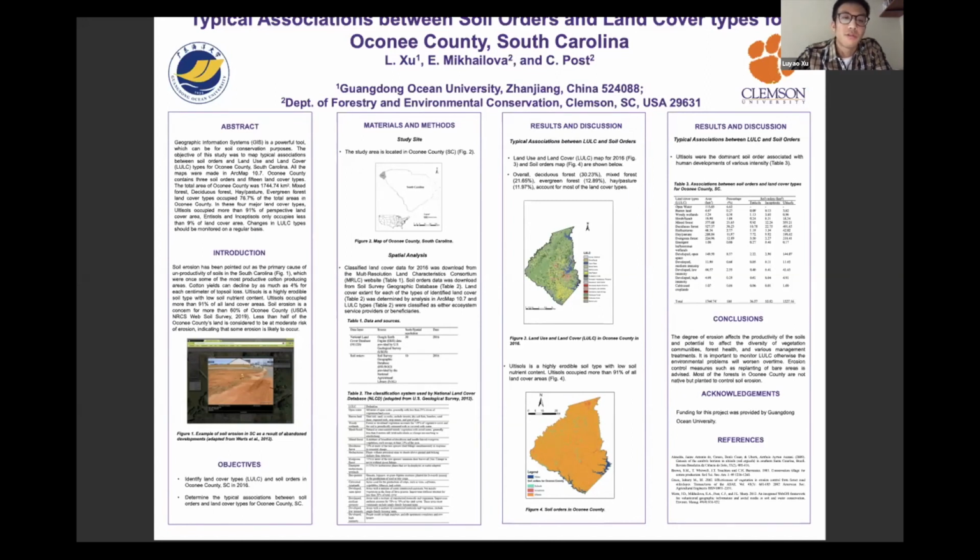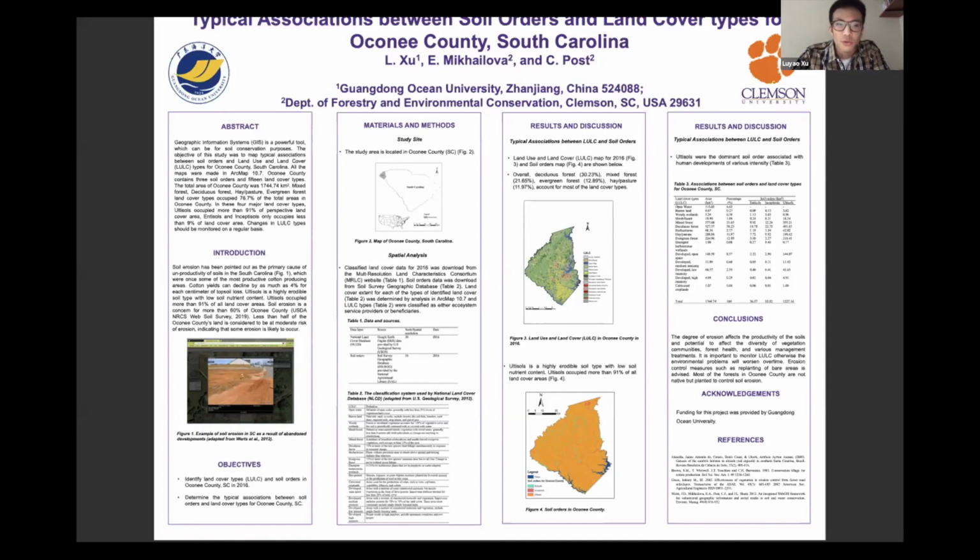The forest land cover types occupied most of the total area in this county, and in all the land cover types, Ultisols occupied more than 91% of each land cover area.